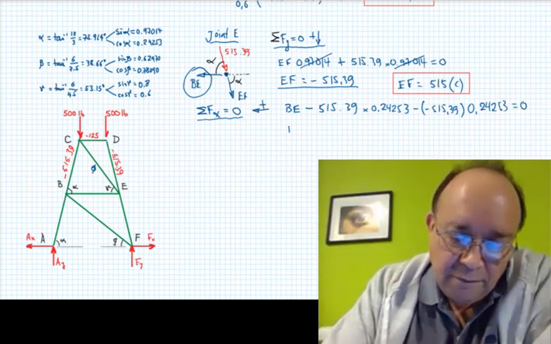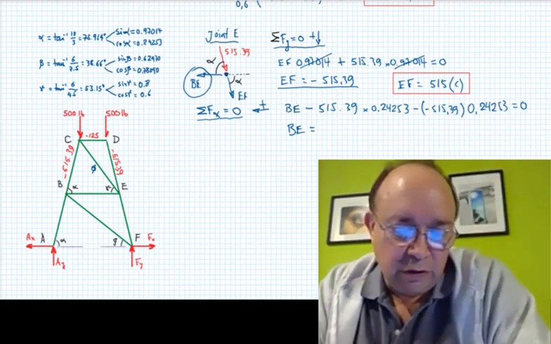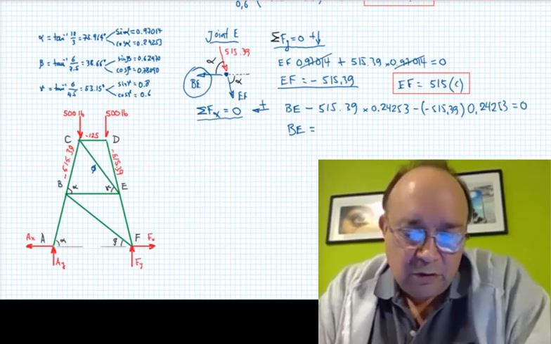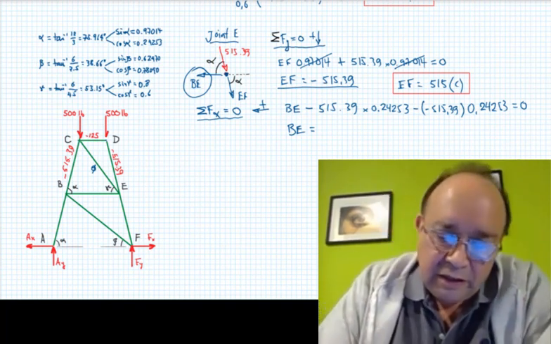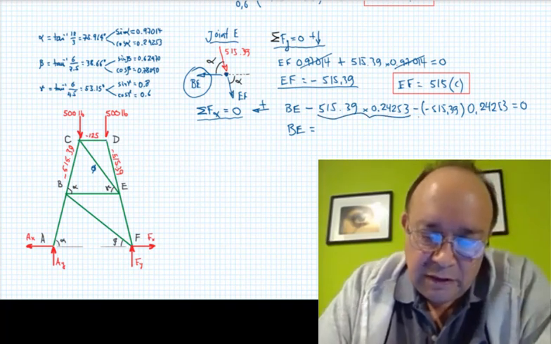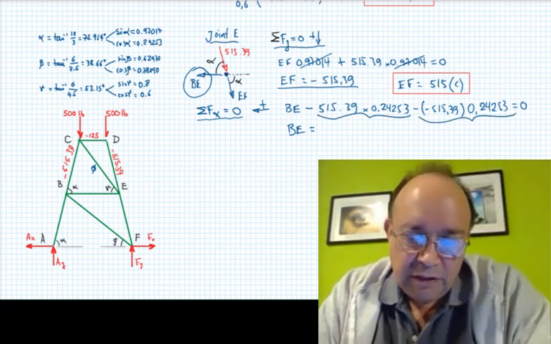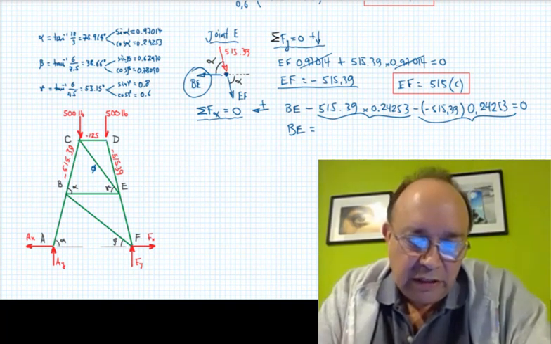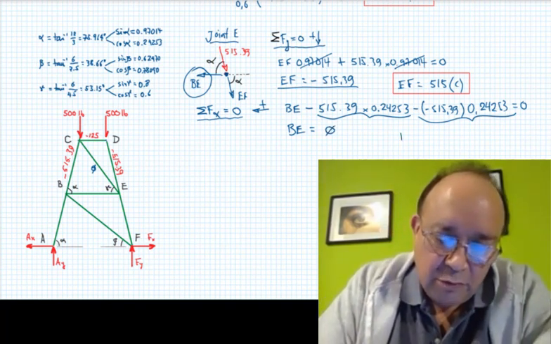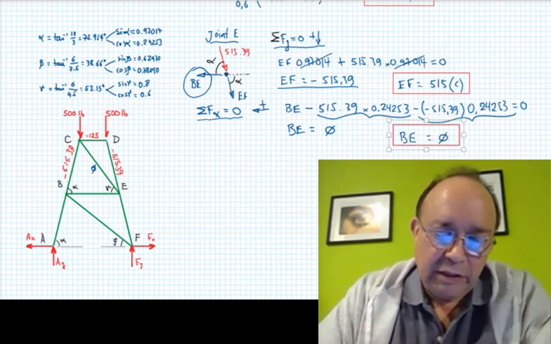So BE will be equal to this operation, because all this number goes to the other side. Oh well, this is negative and this is positive, and look, it's the same number, so one is negative, the other is positive, so this is equal to 0. So BE equals 0.